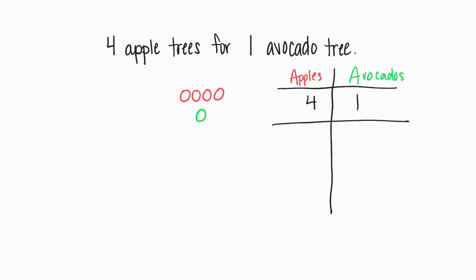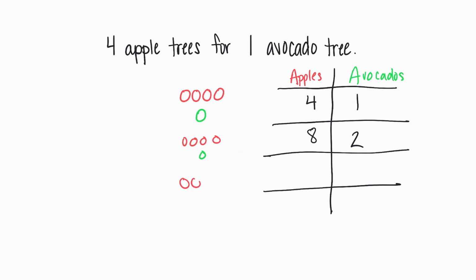Okay. Now if I were to make another set, that means I would have 8 apples and 2 avocados. Then if I were to make another set, that would show me that I have 12 apples now and 3 avocado trees. I can clearly see a relationship here.